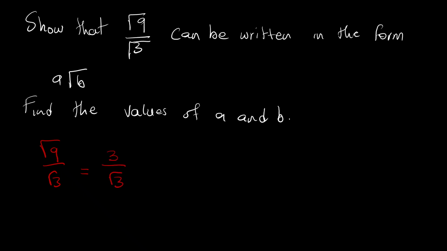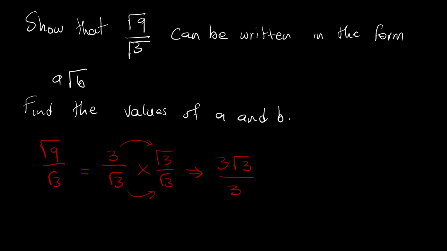So now when I have 3 over root 3, remember we can rationalize the denominator. When we rationalize, we multiply top and bottom by that root 3, which was our denominator. When we do that, the top part will give us 3 root 3, everything divided by root 3 times root 3, which is just 3.